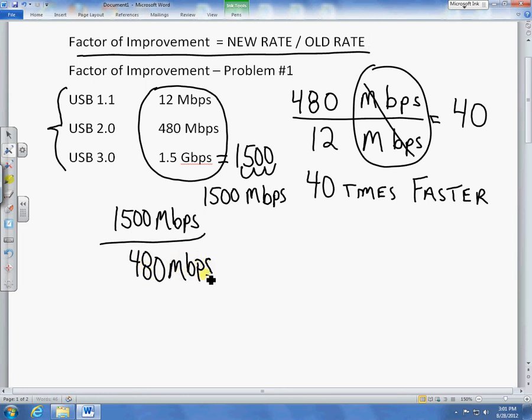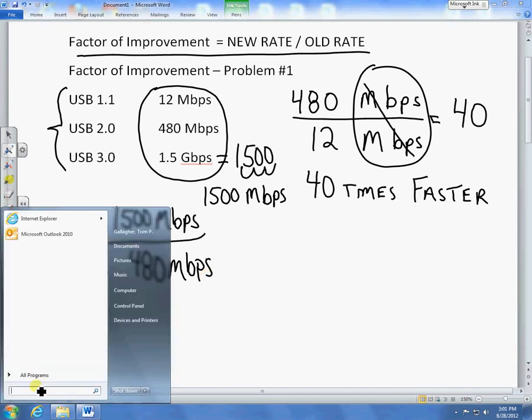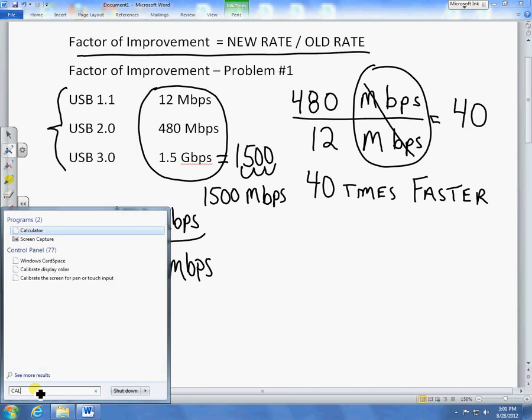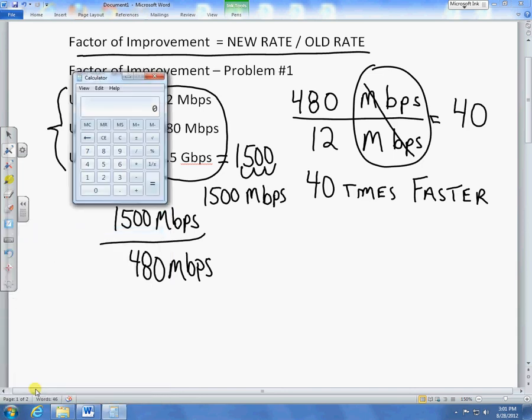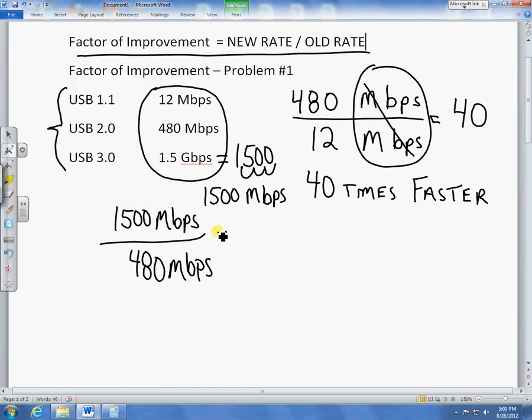This is a good time to use your calculator, nothing wrong with that. I'll call mine up over here. Let's do a little division: 1,500 divided by 480. So we end up with a little different factor of improvement. So 3 point, sorry, what was that?